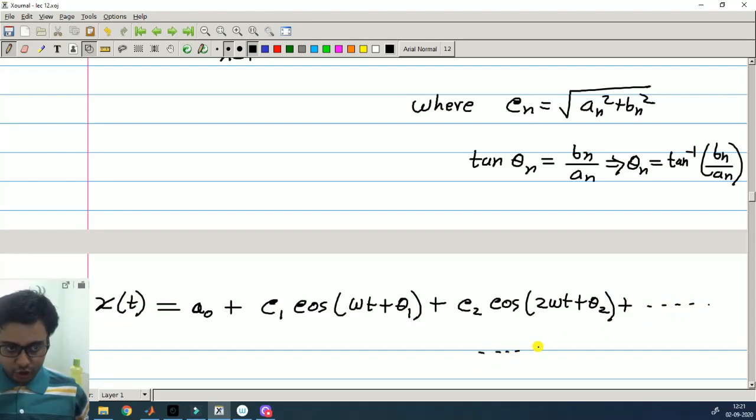In general, you can write Cn cosine of n omega t plus theta n, and so on.